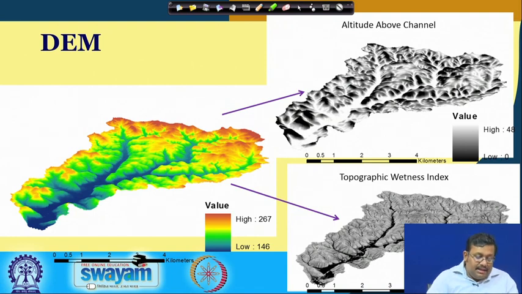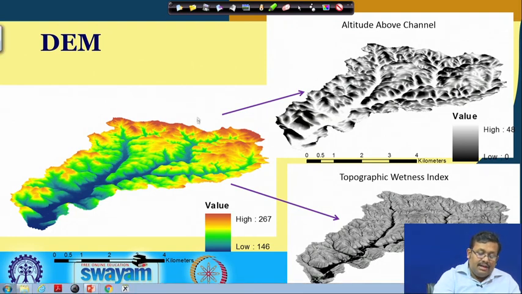So, you can see this is a digital elevation model, and it is available in different resolutions, and obviously if we use a better resolution, we can identify very minute features in the earth surface or many minute changes in the elevation in the earth surface.